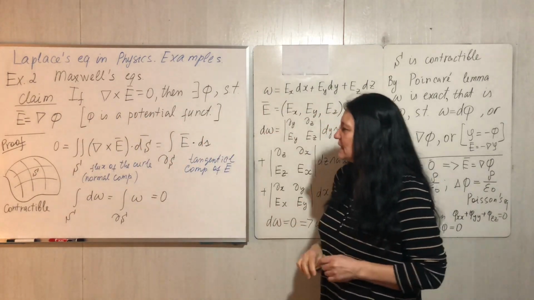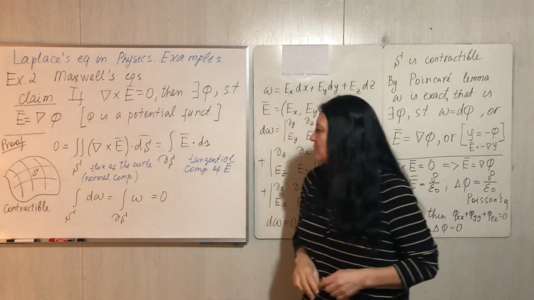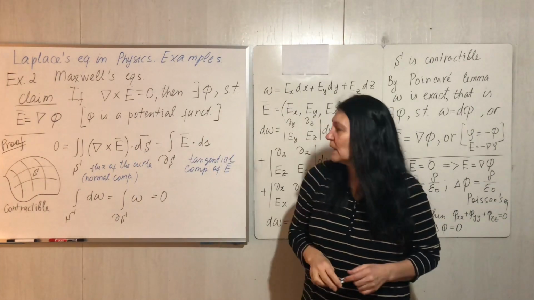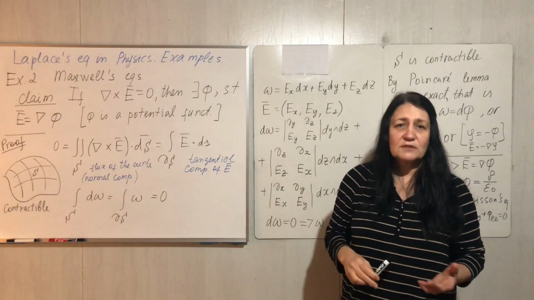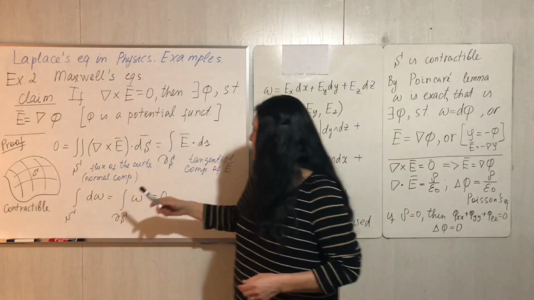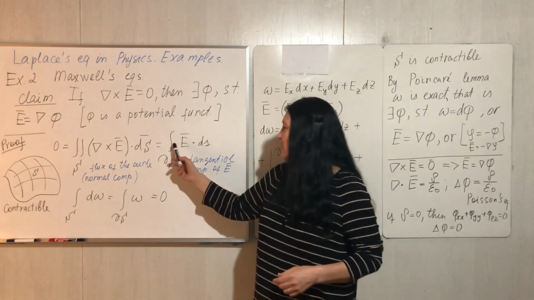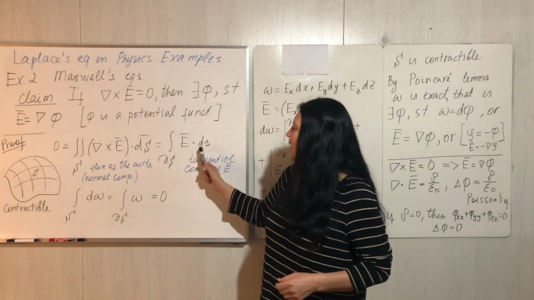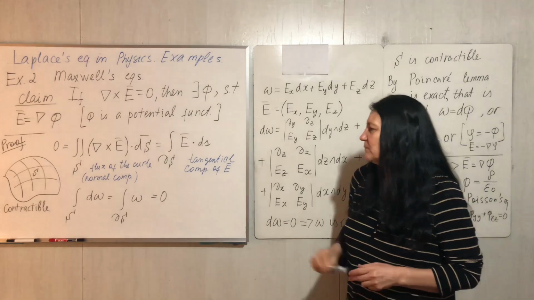So consider this integral. We can think of that as the flux of the curl through the surface, or the normal component of our curl. And then we can use Stokes' theorem, where the integral over the surface equals the integral along the boundary, and along the boundary we will be integrating the tangential component of our vector field.